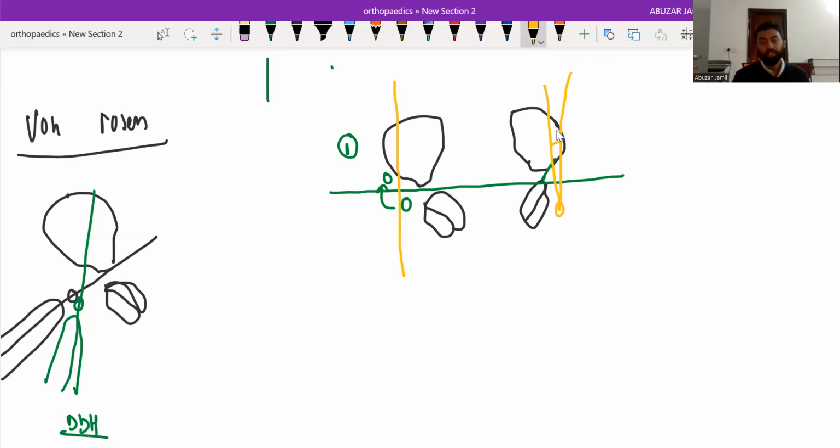So normally this angle is 20 or more than 20 degrees. But in case of DDH, because the head dislocates laterally, this angle gets reduced. So in case of DDH, it becomes less than 20 degrees.